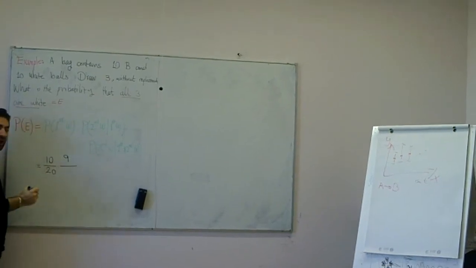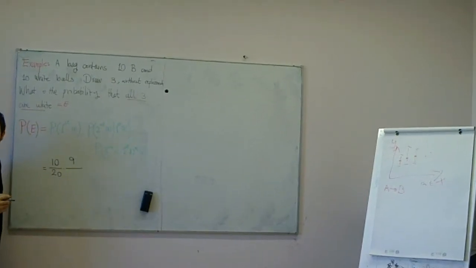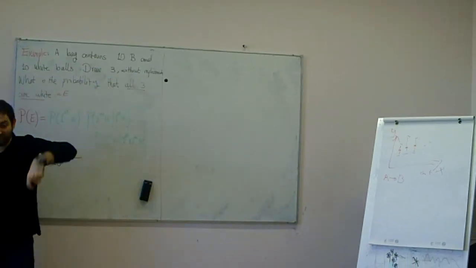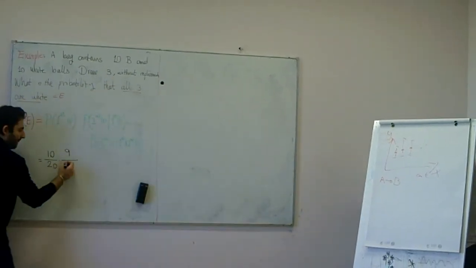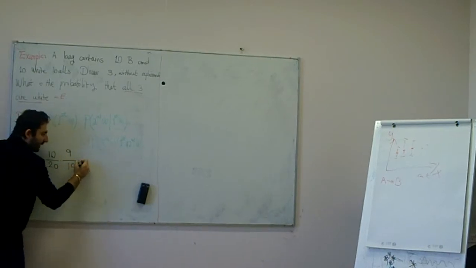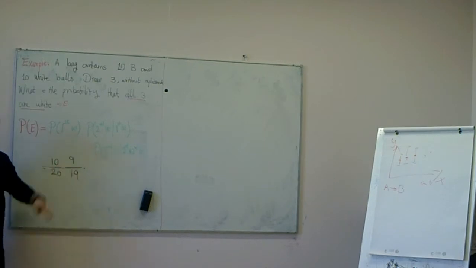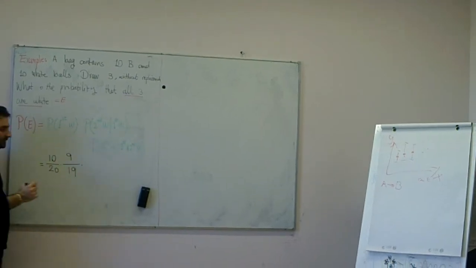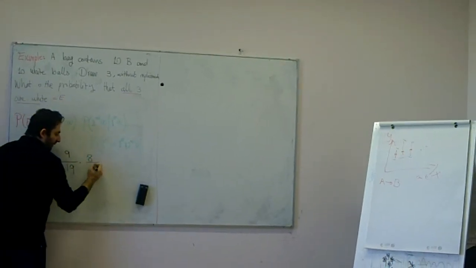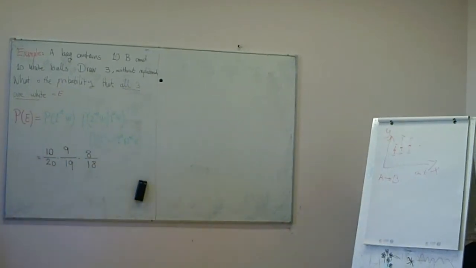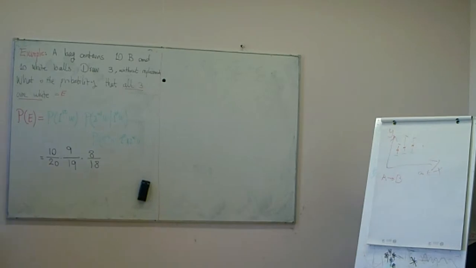How many balls do we have? 19. Why? Because it's without replacement. We have taken it out. Multiplied by, what is the third one? How many white balls left? How many balls do we have? 18. So you multiply and you get the result.